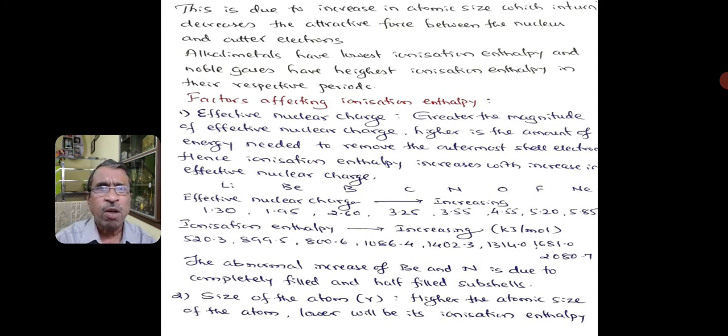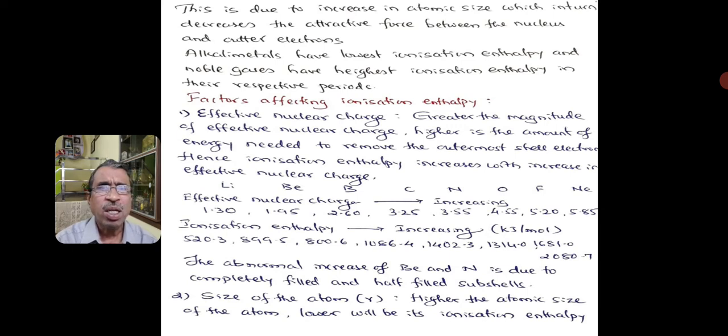Their values: for lithium it is 520.3 kilojoules per mole, for beryllium 899.5 kilojoules per mole, for boron 800, for carbon 1086, for nitrogen 1402, for oxygen 1314, for fluorine 1681, and for neon it is 2080.7 kilojoules per mole.